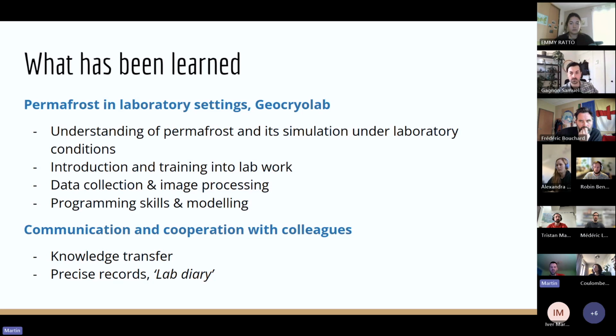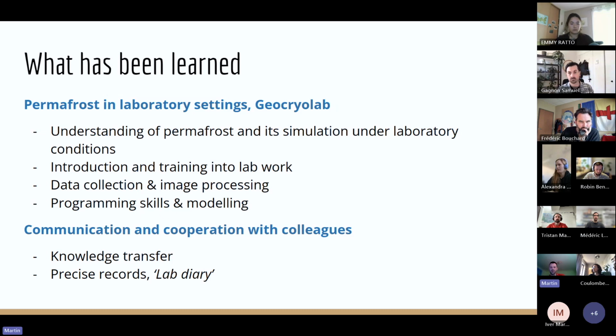So it was really useful to get training on how to operate all the stuff we had. Yeah, we collected a lot of data. We were working with image processing, which consumed a lot of time. This was really useful. And then I also improved my programming skills and modeling.